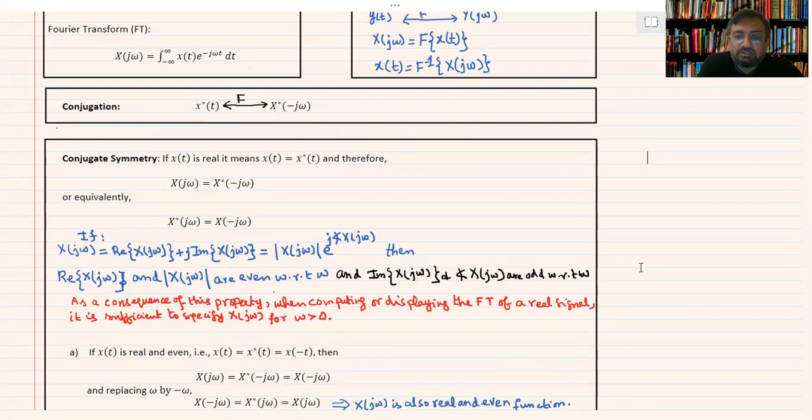Whenever we are writing the Fourier transform of a real signal, we just specify the Fourier transform for the positive frequencies, because this information is sufficient, and from this information we can reconstruct the complete Fourier transform if we know the conjugate symmetry property.